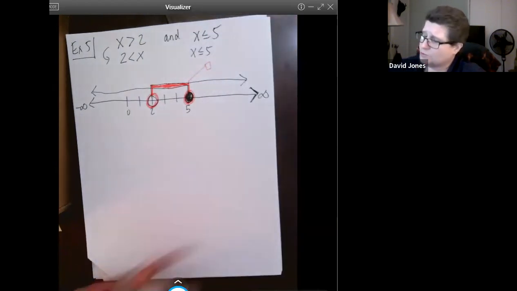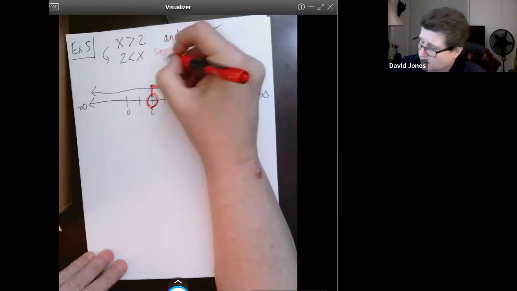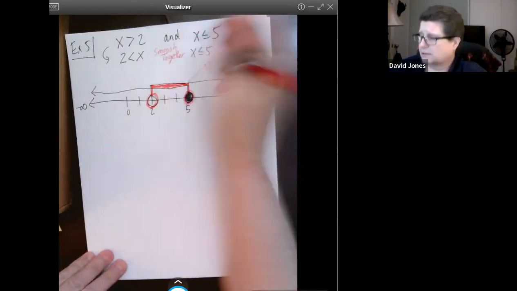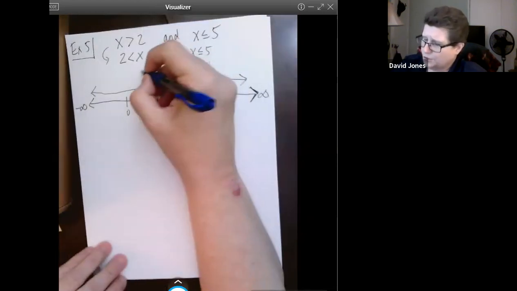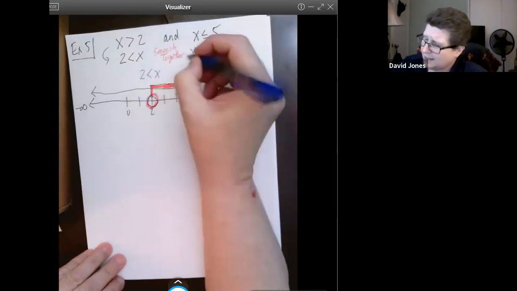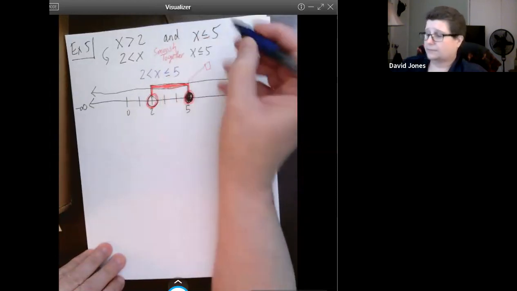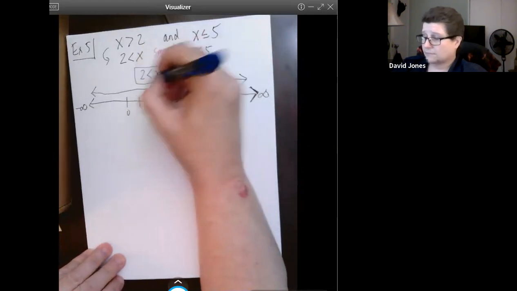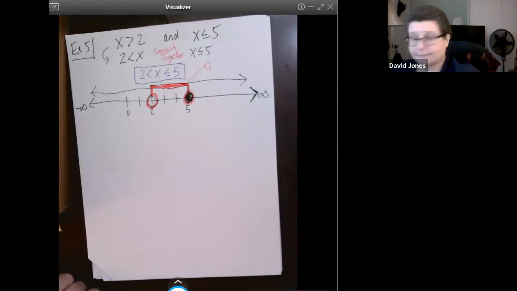I can smoosh these together. Two is less than x is less than or equal to 5. That is how you will usually see it.